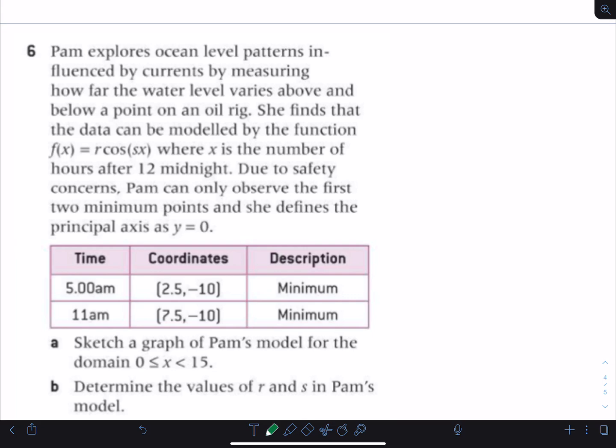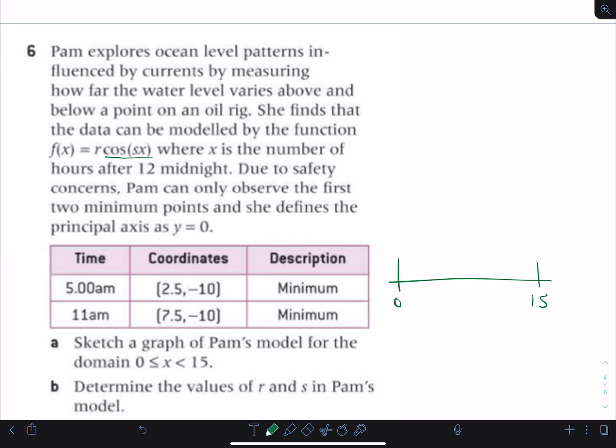They give a maximum. Our cosine. Well, it's cosine right here, so you're starting at a maximum. Okay, so what would this thing look like? Perhaps they do want me to just graph it. From what to what? From 0 to 15.